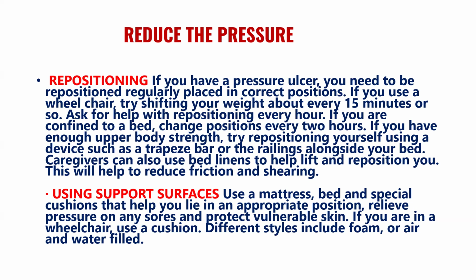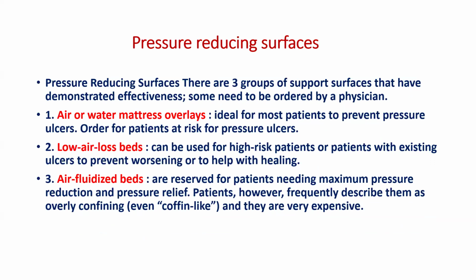Using support surfaces such as mattresses, beds, and special cushions can help you lie in an appropriate position, relieve the pressure on any sores, and protect vulnerable skin. Pressure reducing surface.